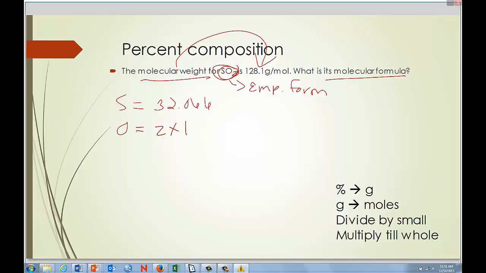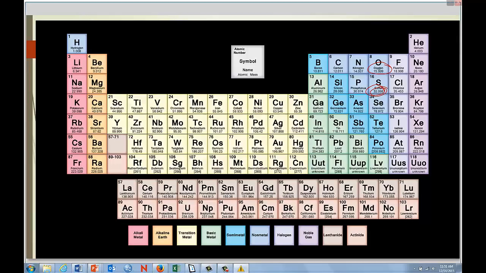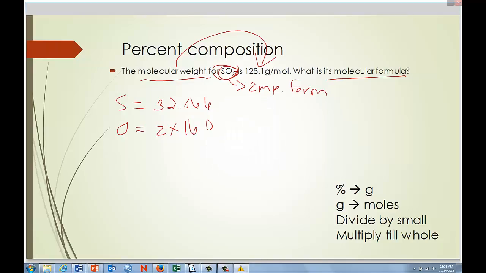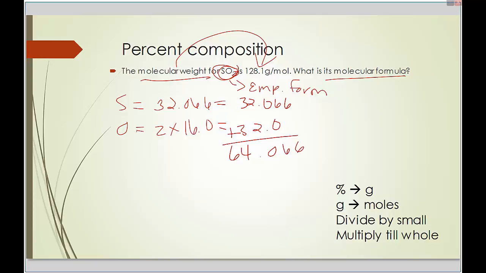Once again, that came off the periodic table right here. And we're going to calculate out the molar mass. That comes out to be 64.066, 64.1, something like that. Alright, so from here, we have the molar mass of the empirical formula.